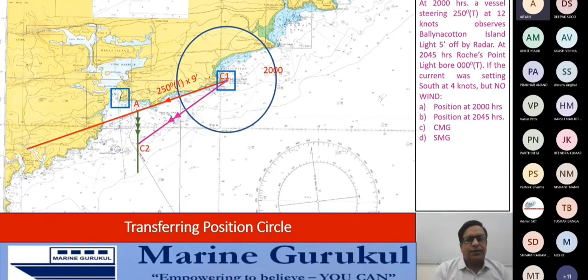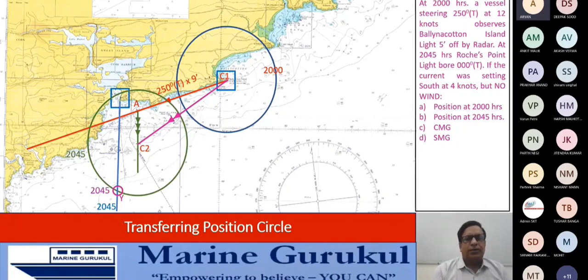Now, with C2 as the center and radius of 5 miles, we draw the position circle. The green one is the transferred position circle. That means the vessel shall be on the green position circle at 2045. Now we draw the 2045 PL through Roche's point, where the two intersect, that is point Y, the 2045 fix.